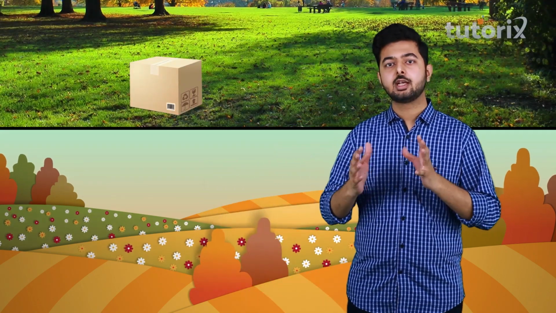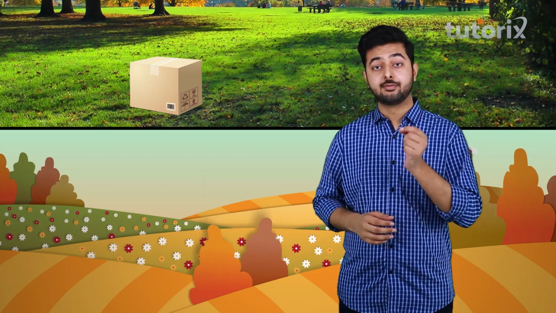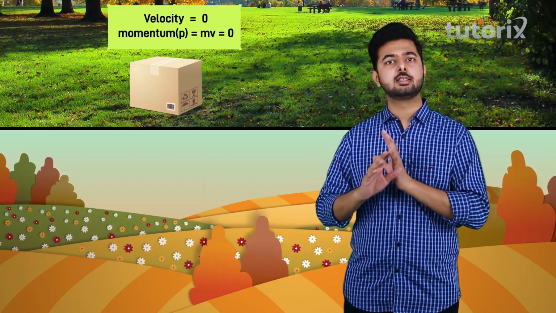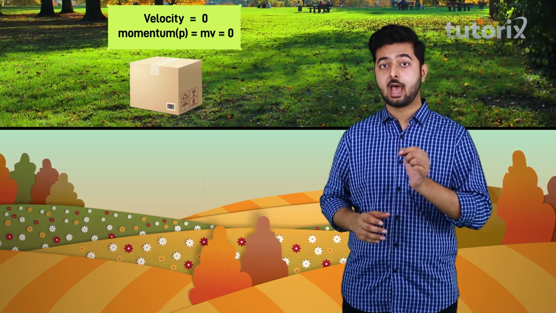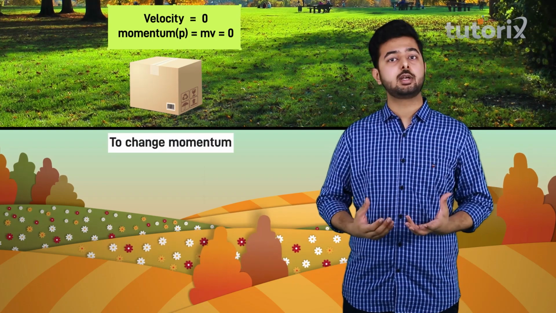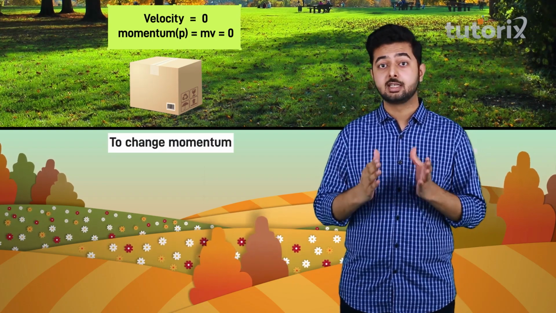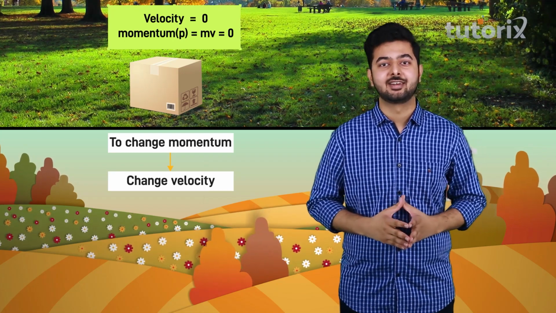Now, I would like to draw your attention to a very important point. And in order to explain this point, let's take the help of a situation. So think about a box which is resting on the ground. Now, the velocity of this box is clearly zero, and therefore, the momentum of this box, which is m into v, is also zero. Now, if I wish to change the momentum of this box, I must change its velocity, because certainly I cannot change its mass, right?